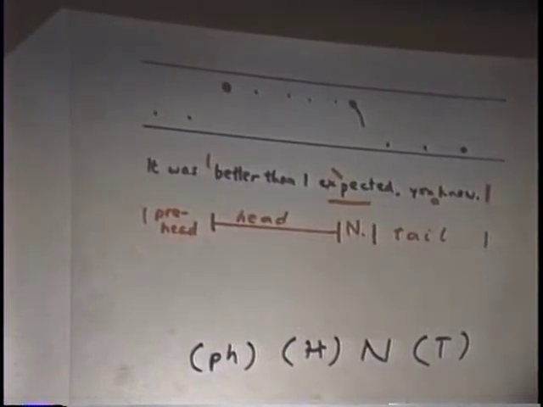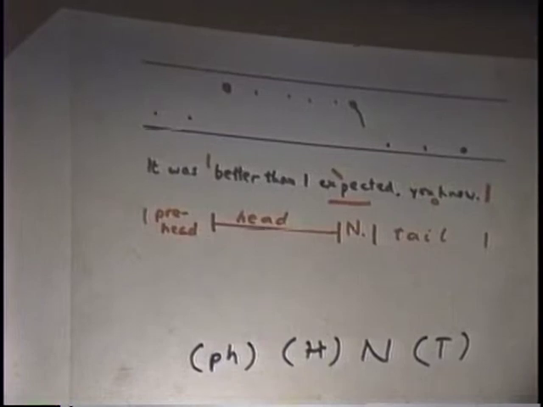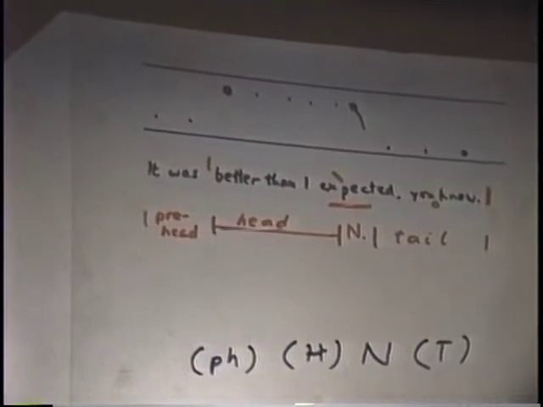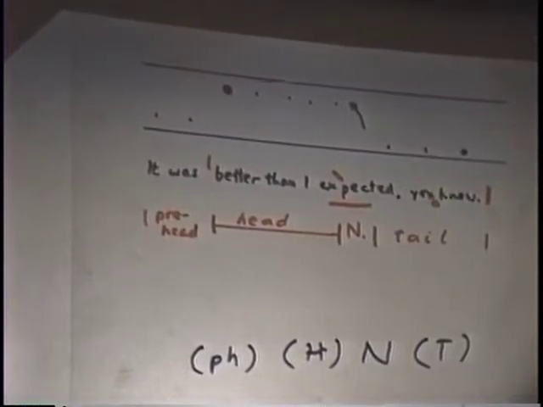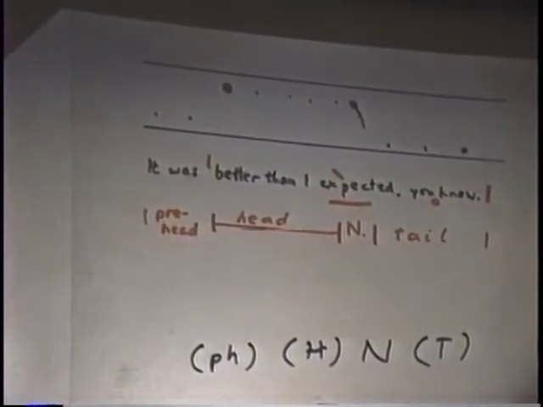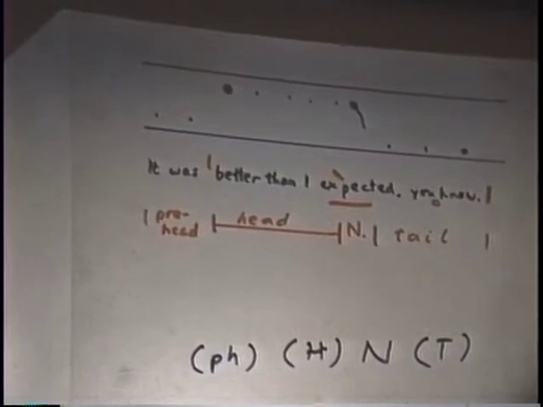Now when I say they're optional, this doesn't exactly mean that you exercise a free choice. It's going to depend upon the structure of the utterance, on the words that you use. If at the beginning there are unstressed syllables or unaccented syllables, then you have a prehead. If there aren't any such syllables, then you don't. This means that if you begin with a word that's accented, if the stress is on the first syllable of that word, what do you want? No prehead.